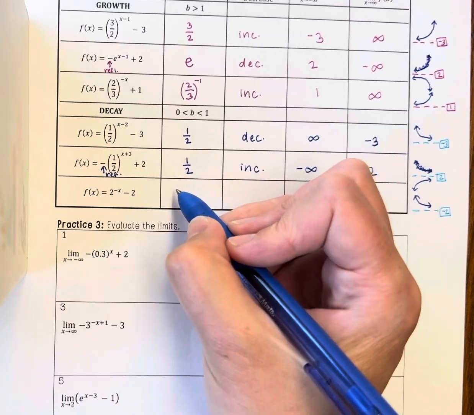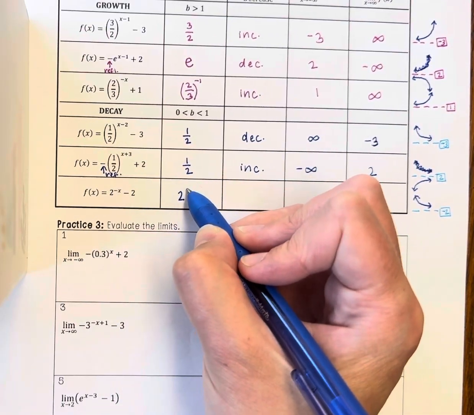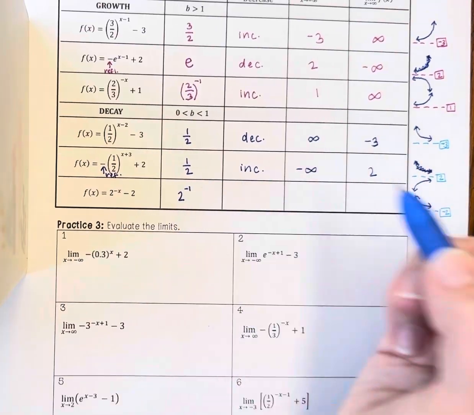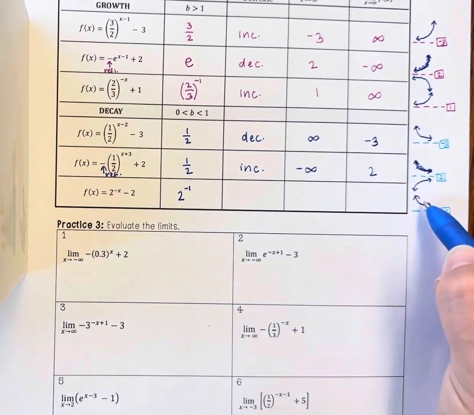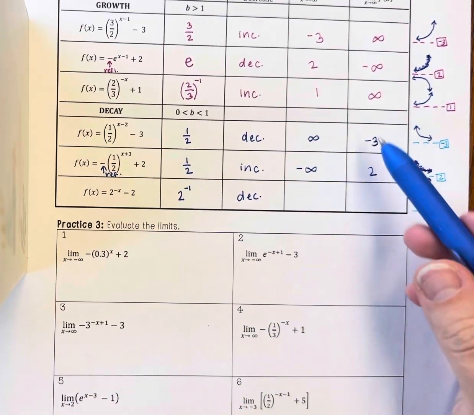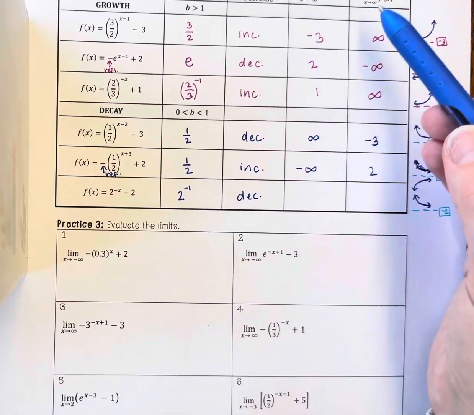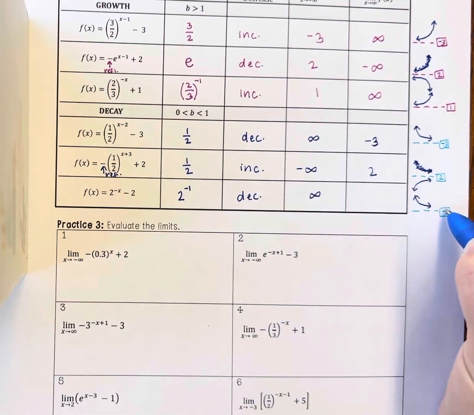Technically, the base is 2, but it has this negative, so I'm going to say that the base is 2 to the negative first, which is really 1/2, which makes it look more like a decay graph. So my graph is decreasing. And my limit on the left side of the graph is pointing up towards infinity, and on the right side, as x approaches infinity, it approaches the asymptote, which is -2.